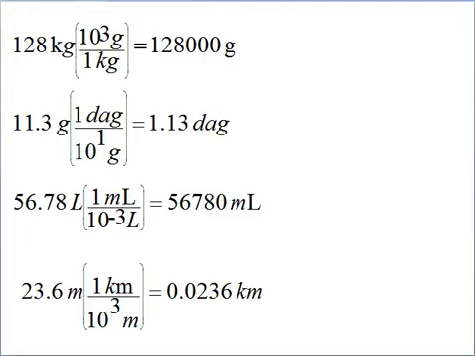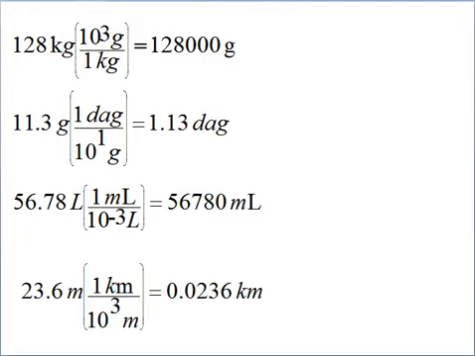56.78 liters can be converted to milliliters with this unit conversion factor. If you look at the table, it says that 1 milli is 10 to the negative third, so 1 milliliter is 10 to the negative third liters, or 1,000th of a liter. 1 milliliter appears in the numerator because milliliters are the desired units. 10 to the negative third liters appears in the denominator because we are trying to cancel liters.